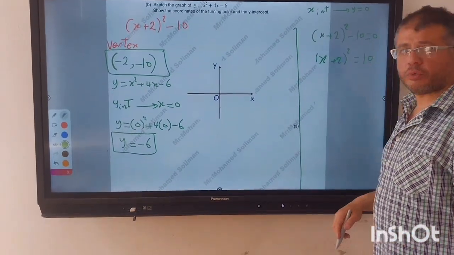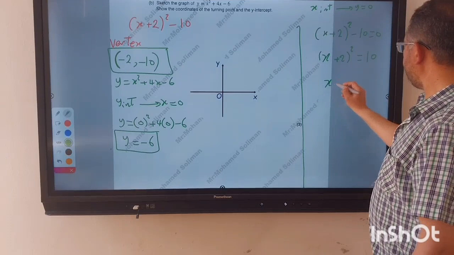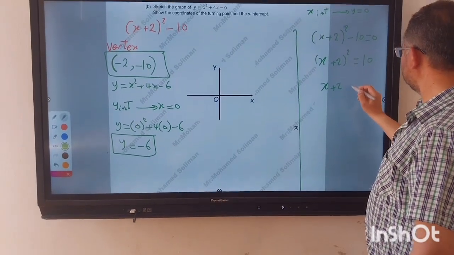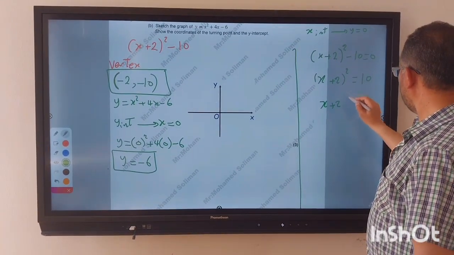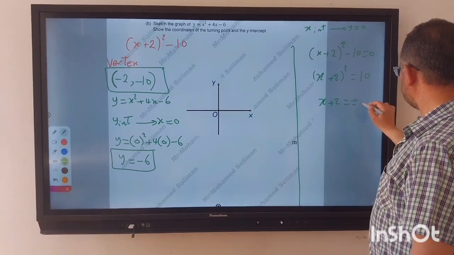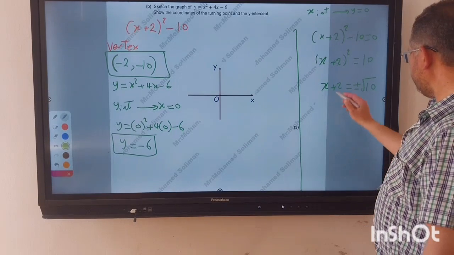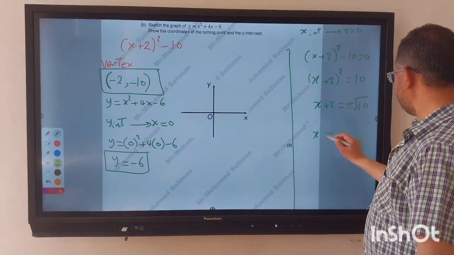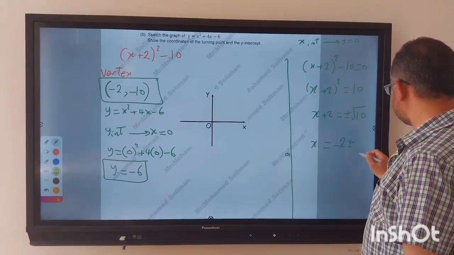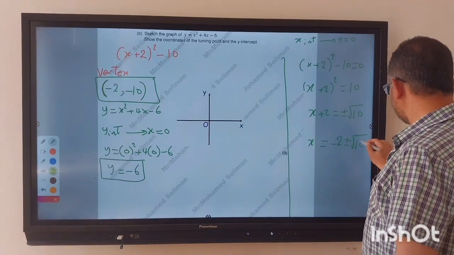Then take the root of both sides, so it will be x + 2 = ±√10. Then I have x = -2 ± √10.